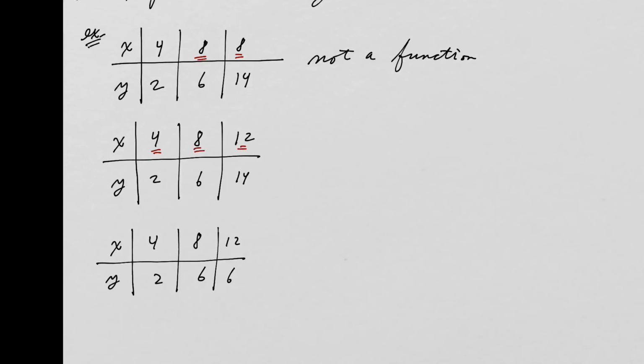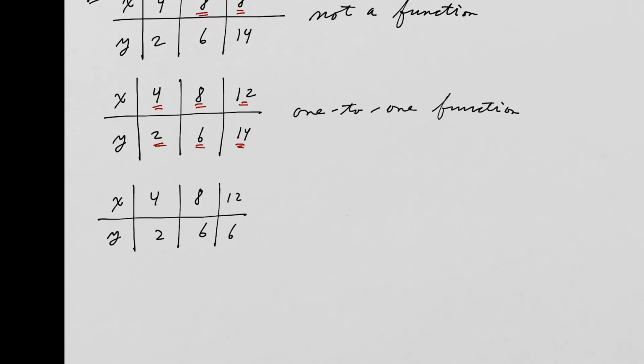They're all different, so it's definitely a function. Now let me look at the output values. Each output also only corresponds to one input; the output values are all different. So this is a function. In fact, it's a special function. It's a one-to-one function.